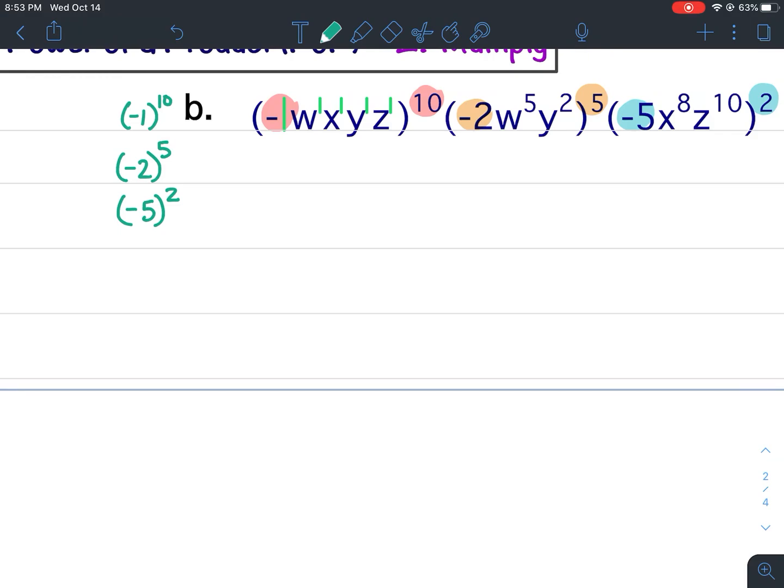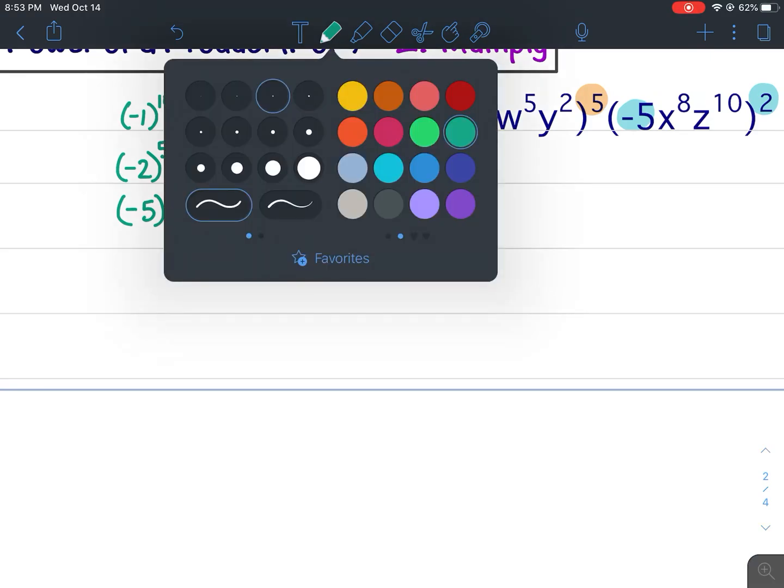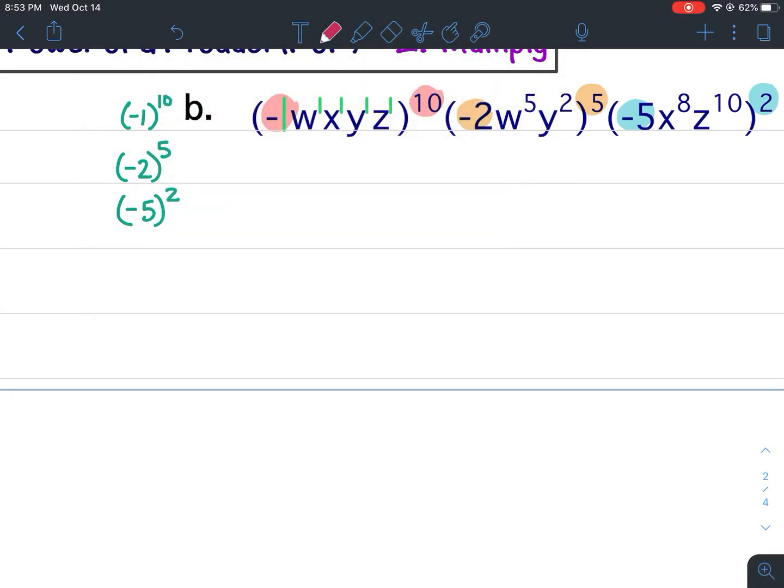All right. So negative 1 to the 10th. Well, 10 is an even number, so that's going to give me positive 1. And now I'm multiplying 10 times 1 times 1 times 1, and so forth.